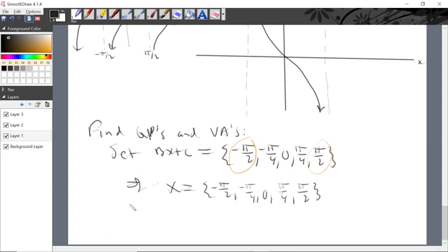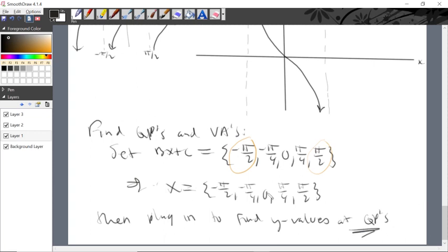Well, then we can simply plug into the function to find the associated y values at the quarter points.